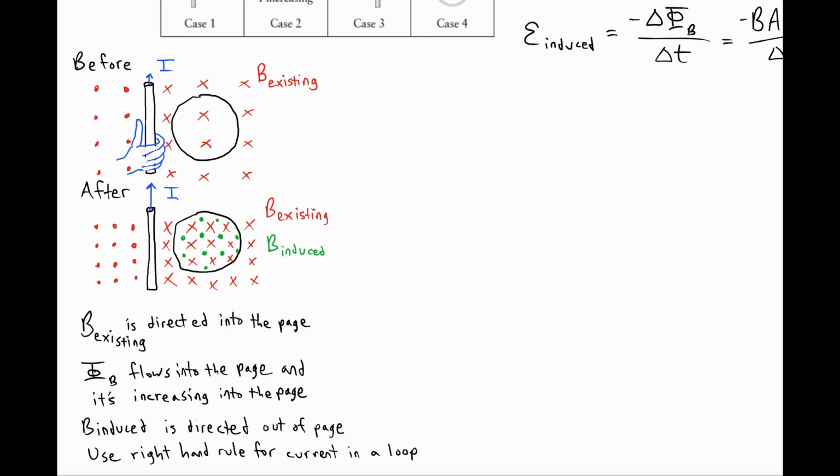Okay, so just imagine grabbing that loop with your right hand, but you have to grab it so that your fingers are pointing out of the page in the center of the loop, because you want your fingers to point in the direction of the induced field. Okay, so just grab it like this.